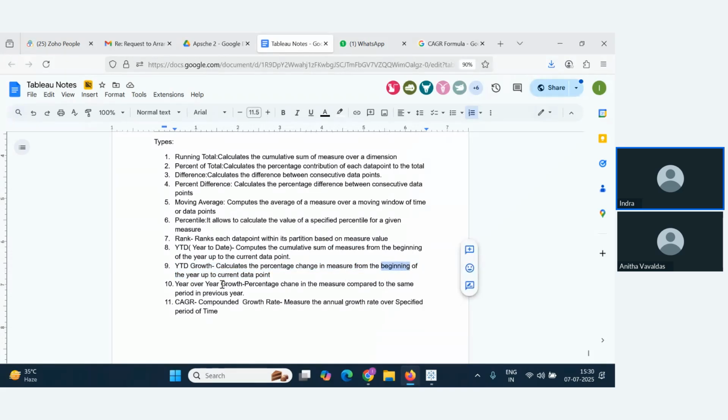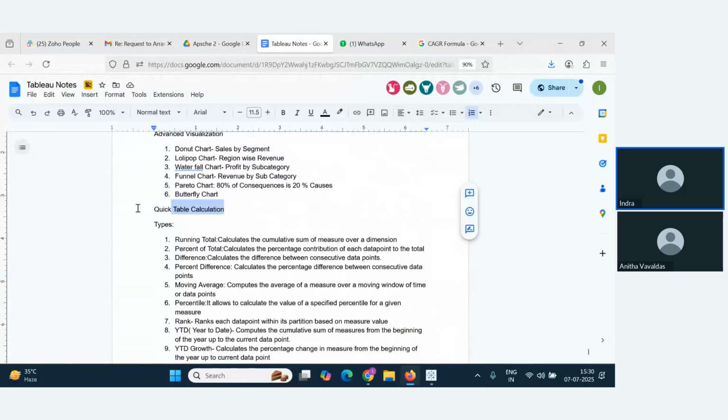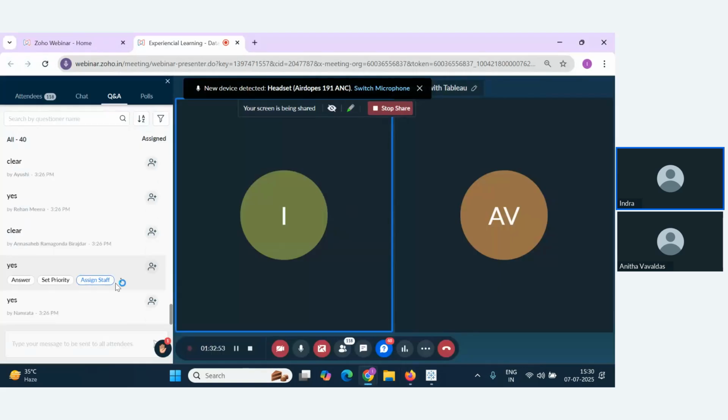Beginning of the year, whereas year over year growth, percentage change in the measure compared to the same period in the previous year. Okay. From the previous year onwards, it calculates the difference. Then CAGR, it computes the annual growth rate over a specified period of time. Here, these are the 11 major quick table calculations that we have seen today.